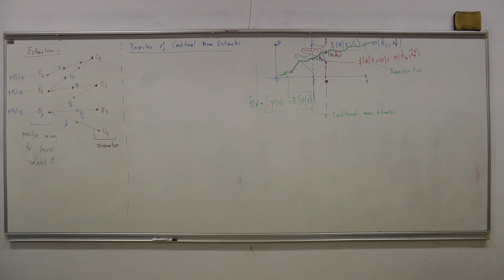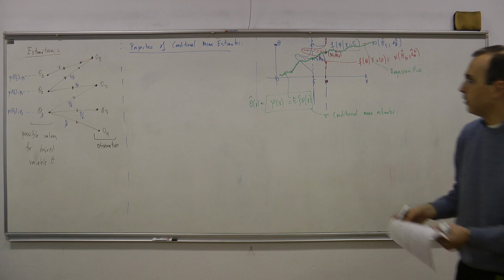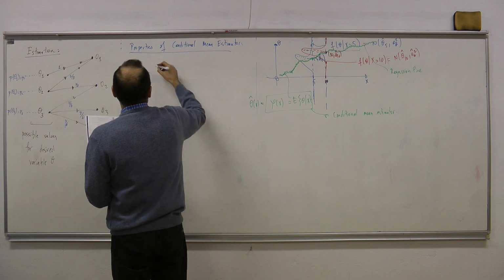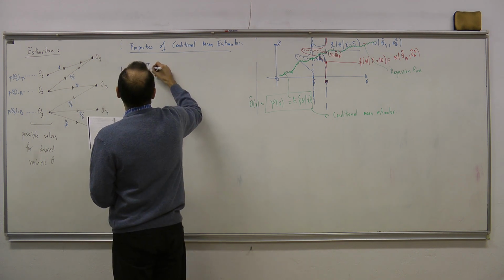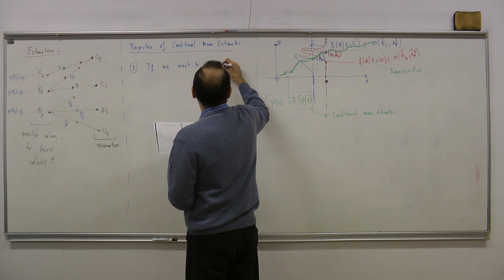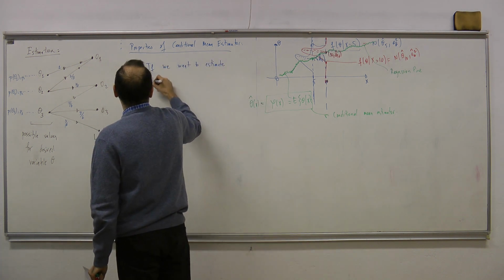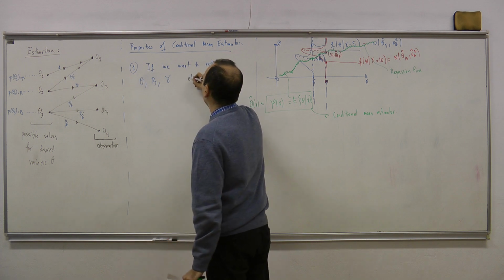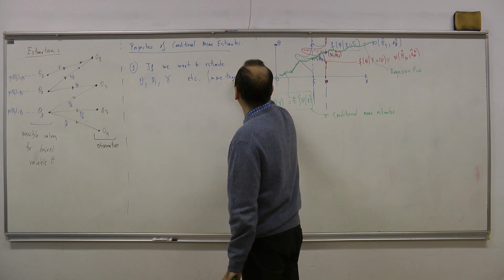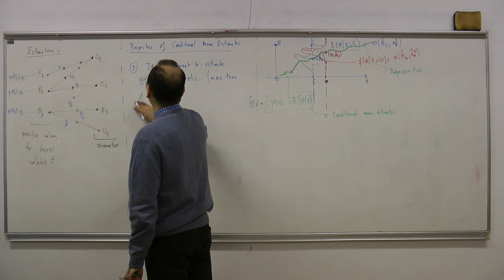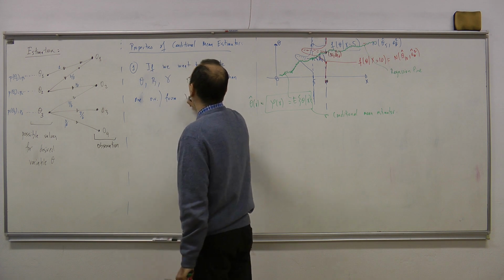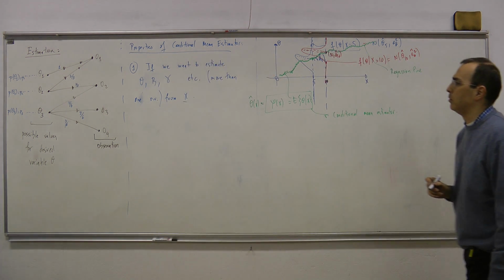Number one. If we want to estimate, let's say, theta, beta, gamma, etc., so more than one random variable from, let's say, x vector, then what can we do?